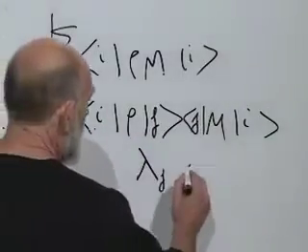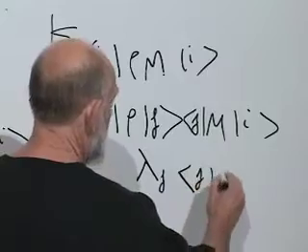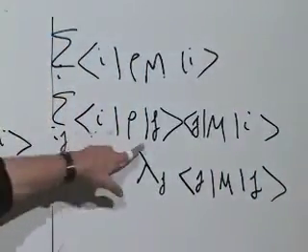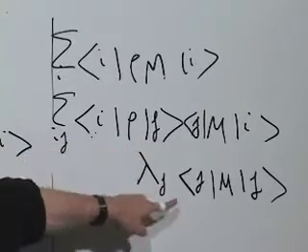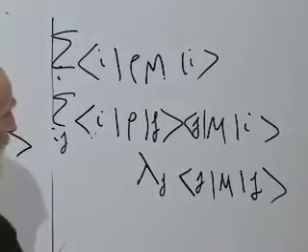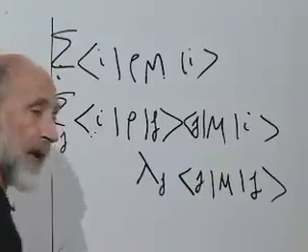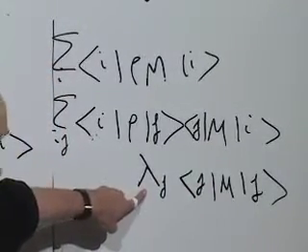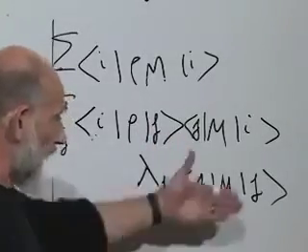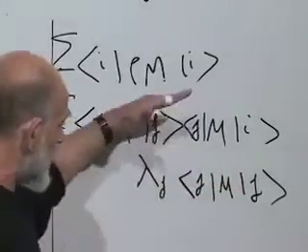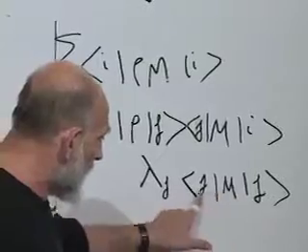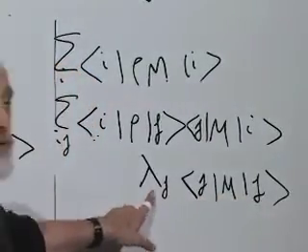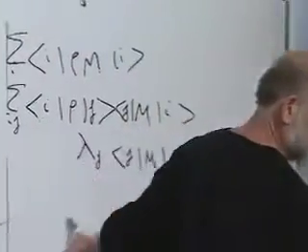And then we have <j| M |j>, with j here because I has to equal j in the sum. What is this? This is just the expectation value of M in the jth state, and lambda j is just the probability of the jth state. So this reads exactly what you might expect. It's the average of M in the jth state weighed with the probability of the jth state.